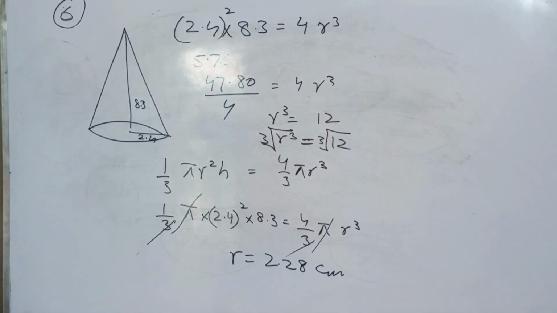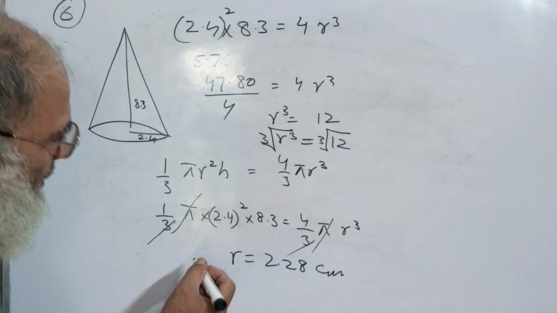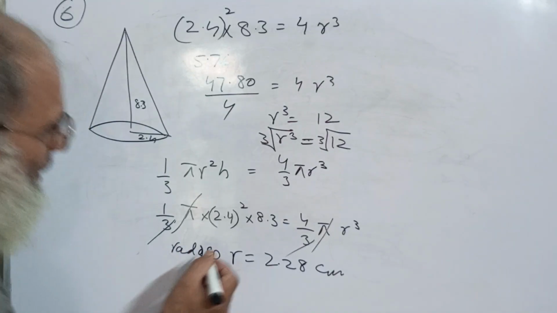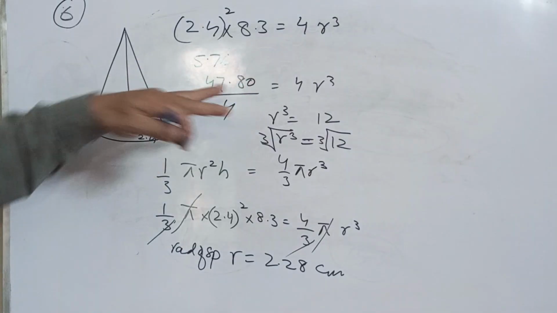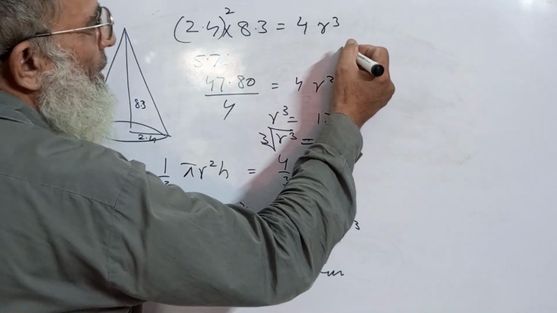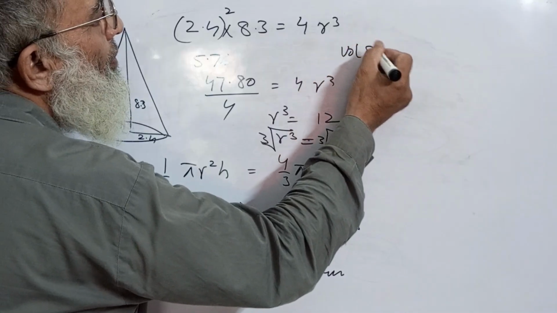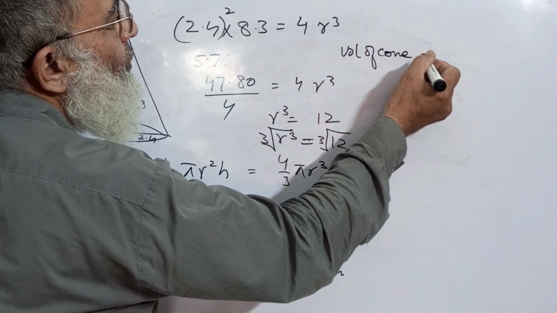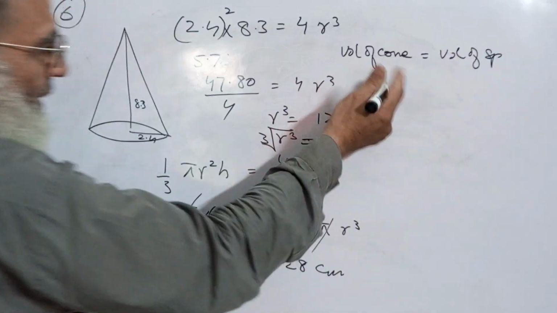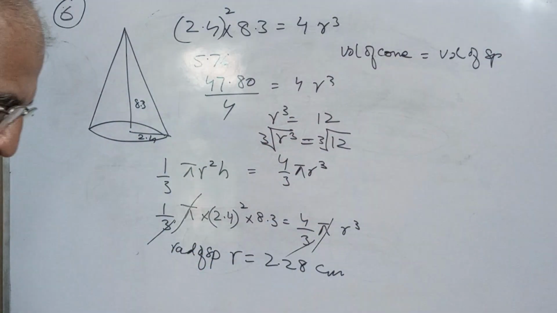This is the radius of the sphere. Since both volumes were equal, we made volume of cone equal to volume of sphere, and then started calculating. So this result has come.